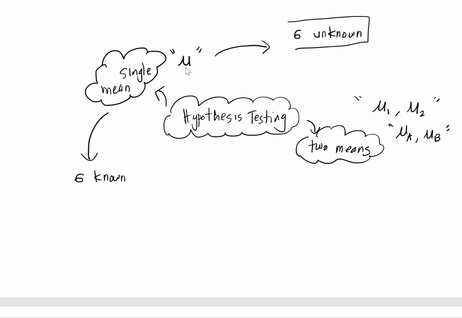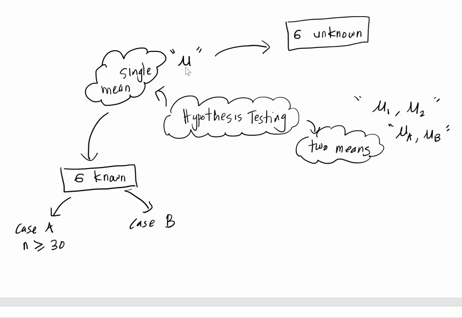When the standard deviation of the population is known, we have two cases. Case A is when n is greater than or equal to 30, and case B is when n is less than 30. That means case A is the large sample and case B is the small sample.